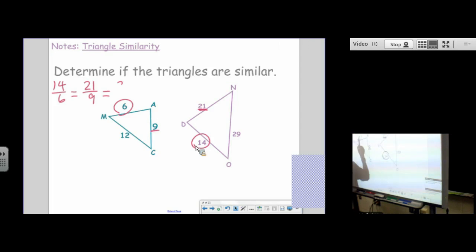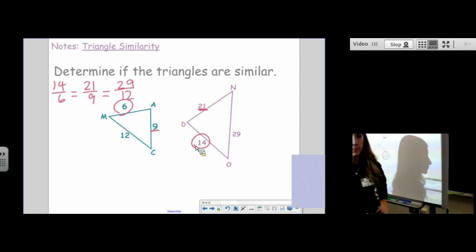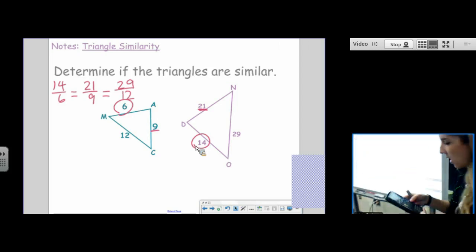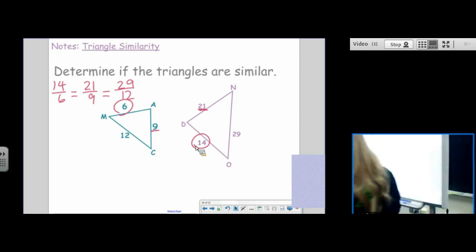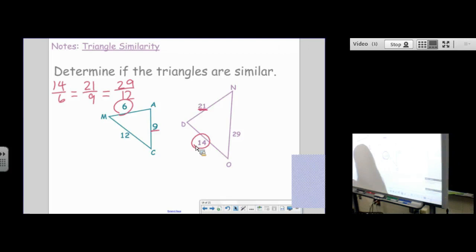Large, large. And definitely not true. Were any of them equal? Yep, the first two were. This was equal and that one was not equal.